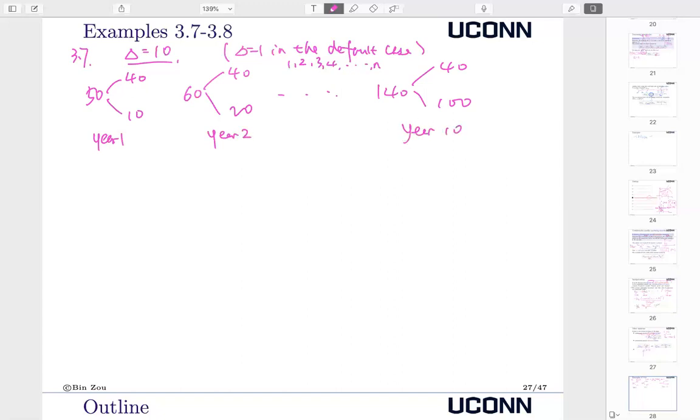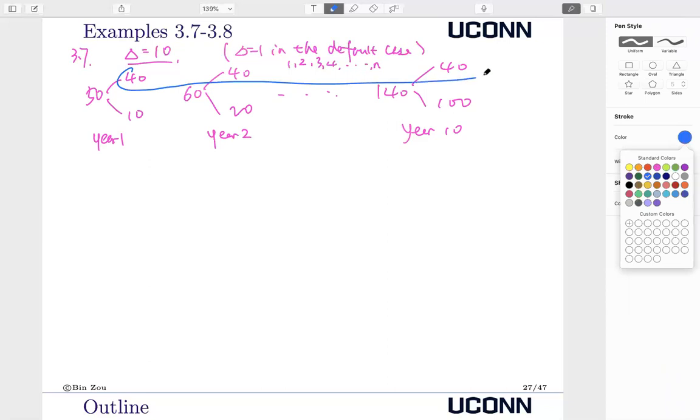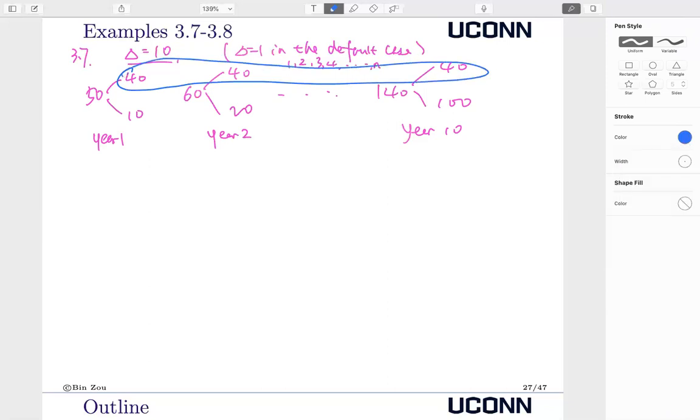The reason for this decomposition is almost obvious by now, because all the 40s we can take care of. Remember, this is continuously payable, so I'm going to put a bar on top of a. So it's a-bar angle 10 at 6%.